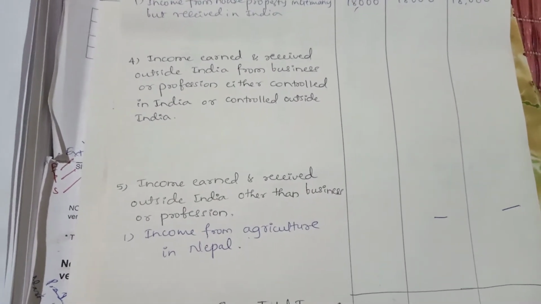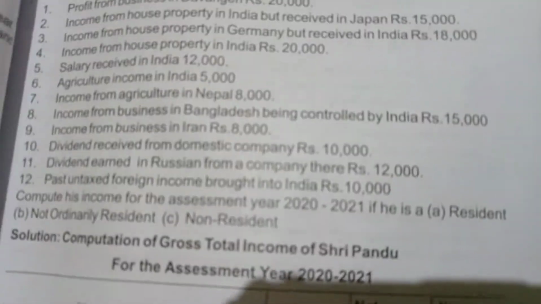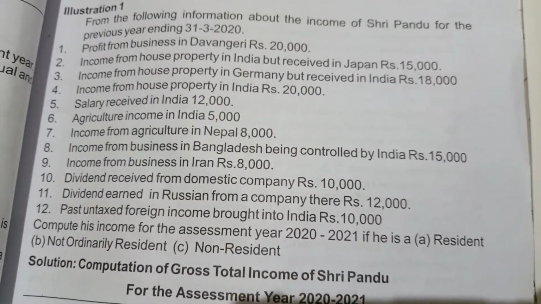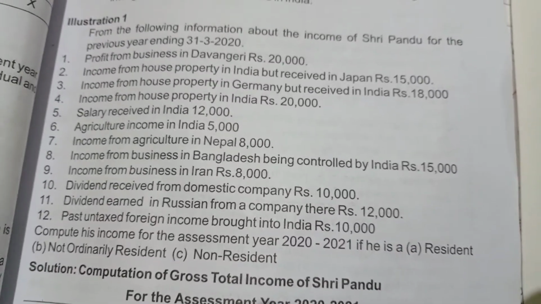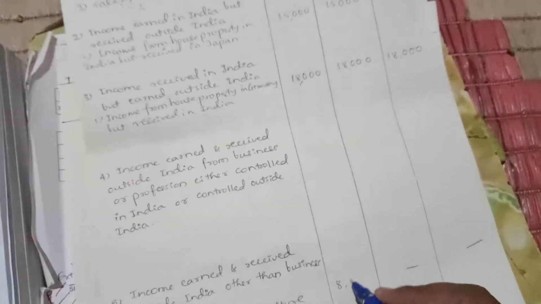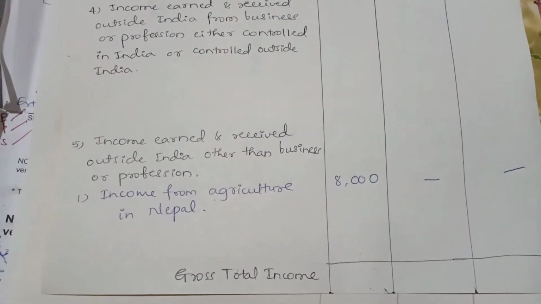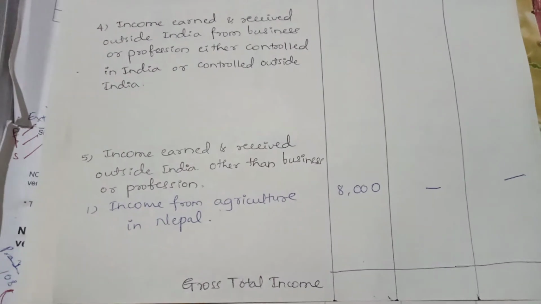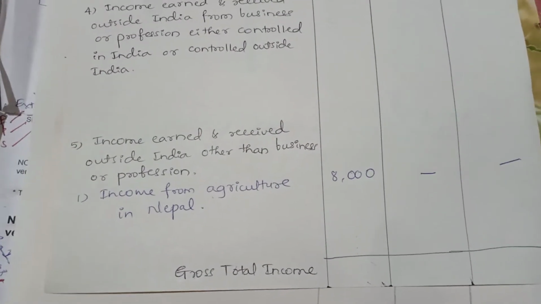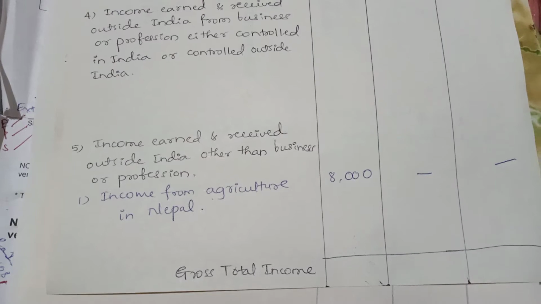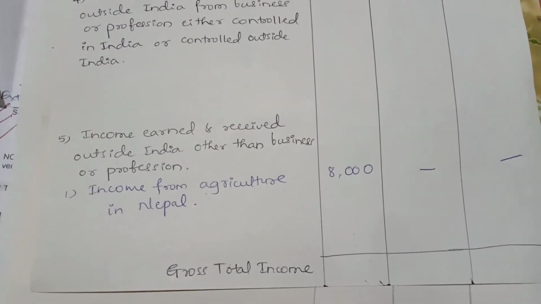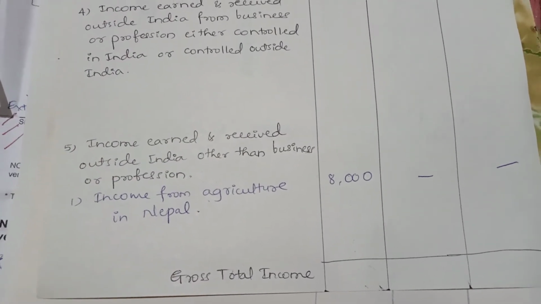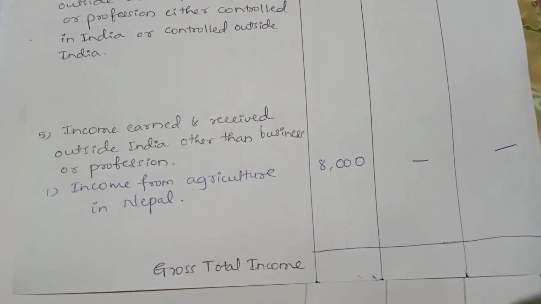And the amount of income from agriculture in Nepal is rupees 8,000. That is why the 8,000 should be taxed only in respect of ordinarily resident. That is why here I am going to write the source of the income: income earned and received outside India other than the business or profession. Okay, Nepal is outside India and the source of income is neither business nor profession.